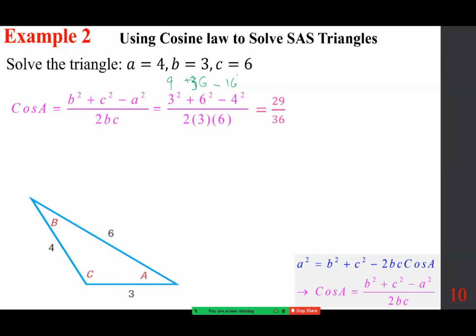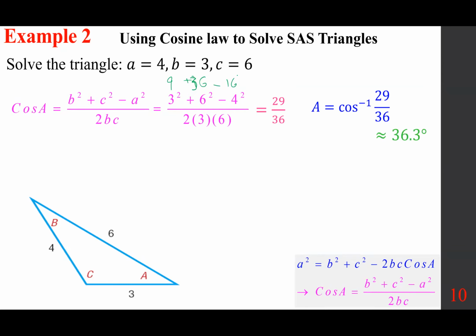So A is cosine inverse of this number. Cosine inverse of this number requires a calculator, and it gives us the answer 36.3 degrees. So A is 36.3 degrees.